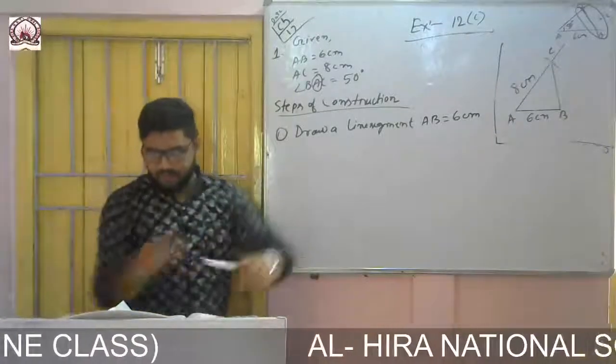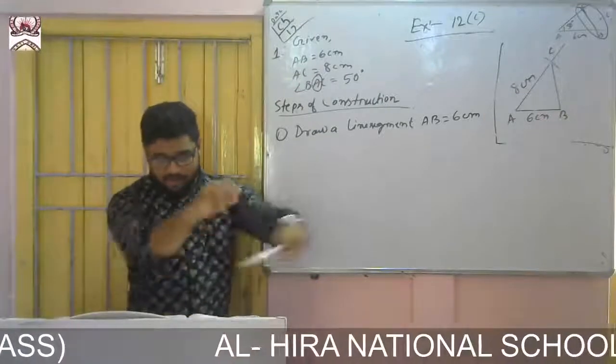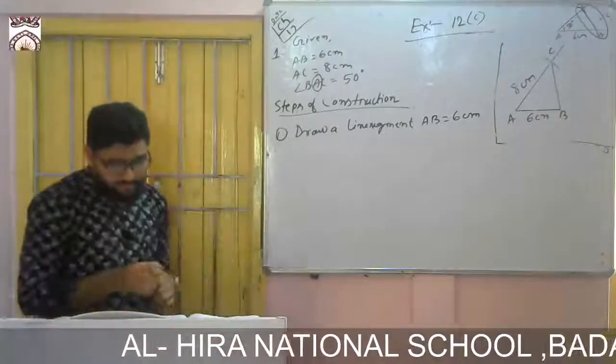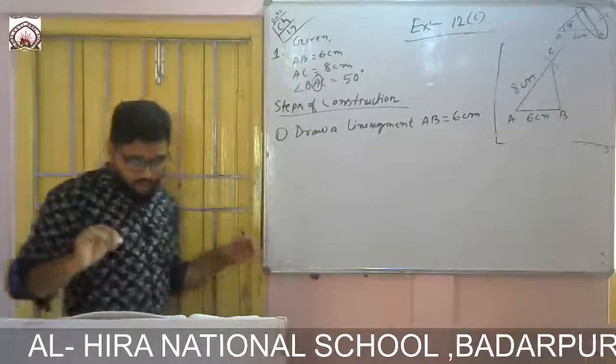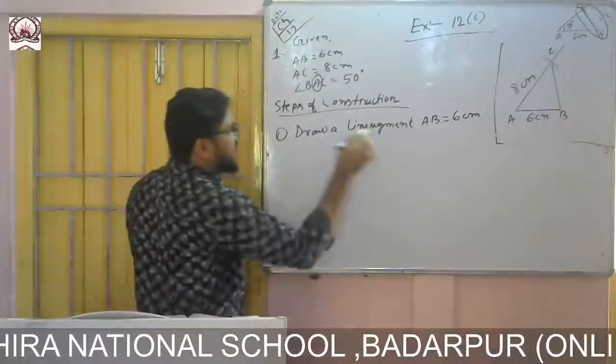Now you write: using your protractor, draw an angle of 50 degree.